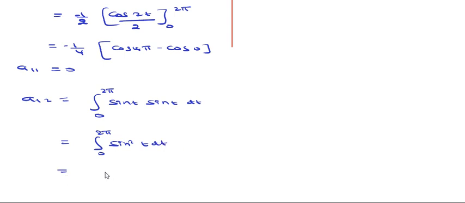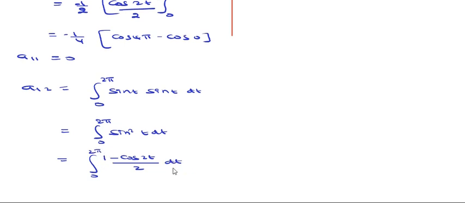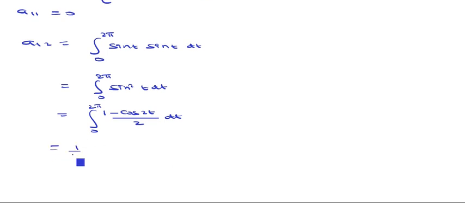Sin square t can be written as (1 minus cos 2t) by 2. So this is 1 by 2 times integral 0 to 2 pi of (1 minus cos 2t) dt. Now integrating, t minus sin 2t by 2, the limit is 0 to 2 pi.